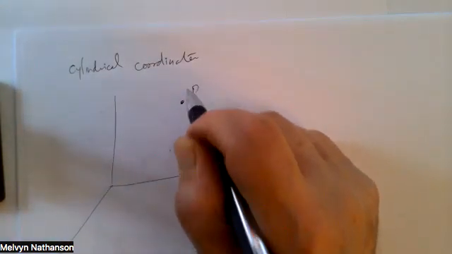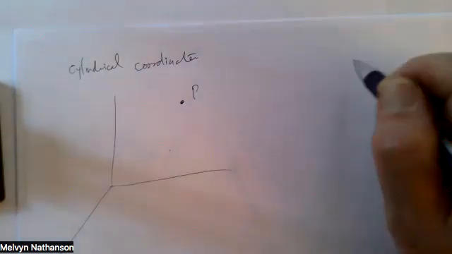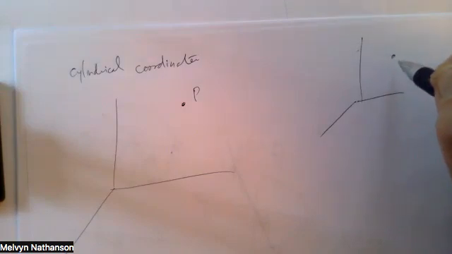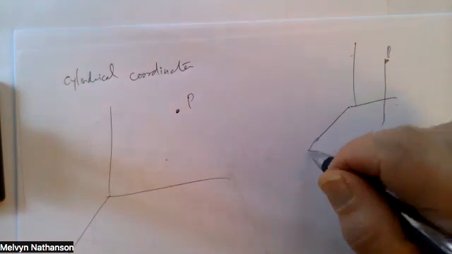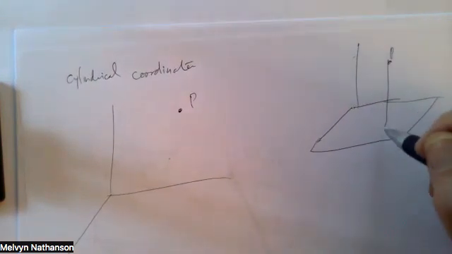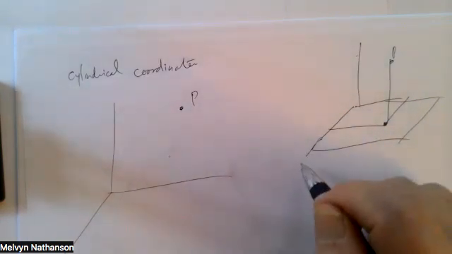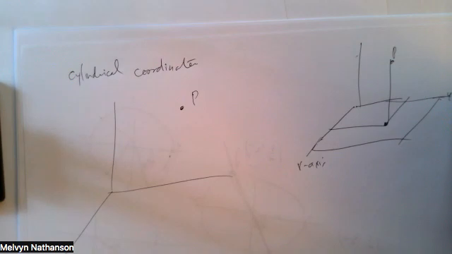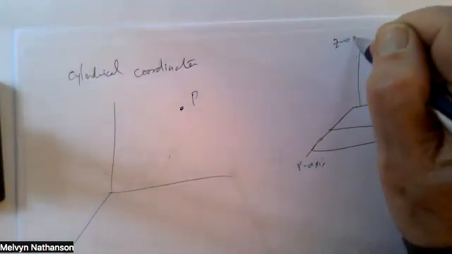You have some point P. And again, in rectangular coordinates, if you had this point P, you would drop the perpendicular to the XY plane. So this is the x-axis. This is the y-axis. This is the z-axis.